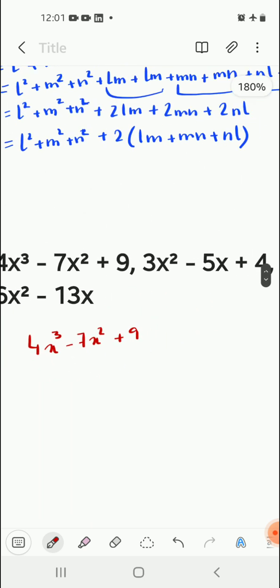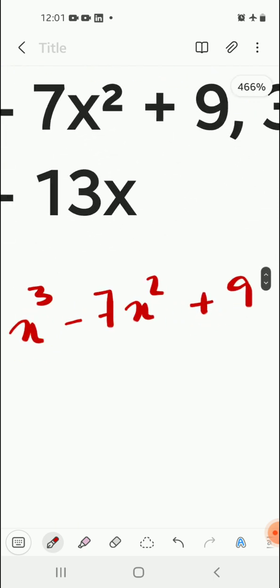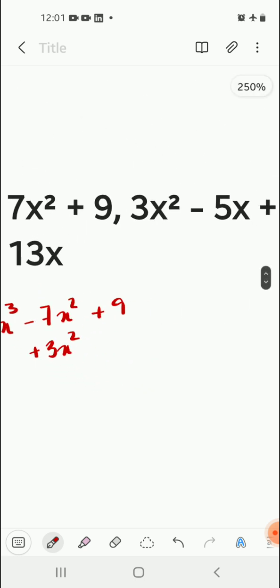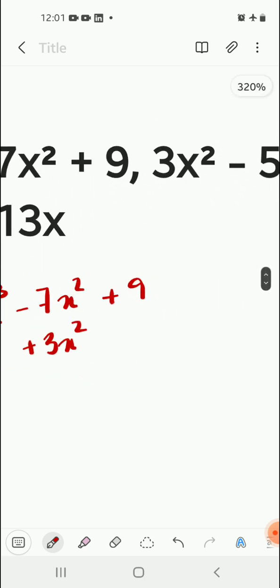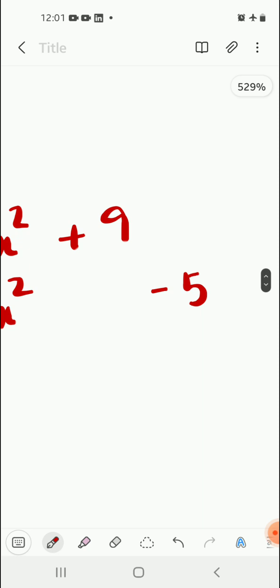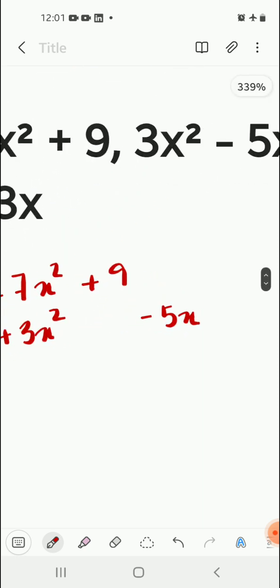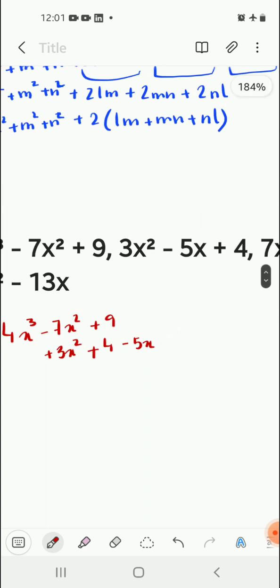After this we have got 3x square, so we're going to write it here, 3x square, put a plus here, nothing written in the beginning, it means plus, minus 5x. We don't find x anywhere, so we're going to write it separately, minus 5x plus 4. So underneath 9 we're going to write plus 4 because both are constants.